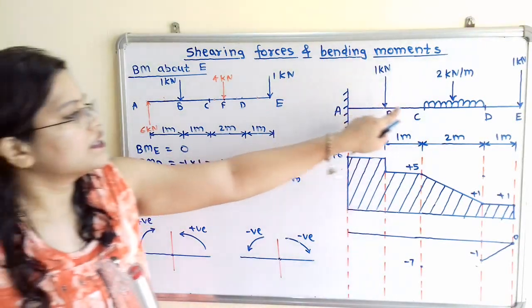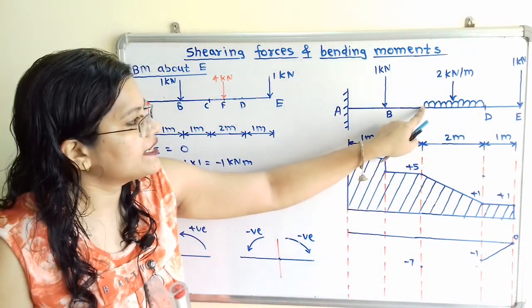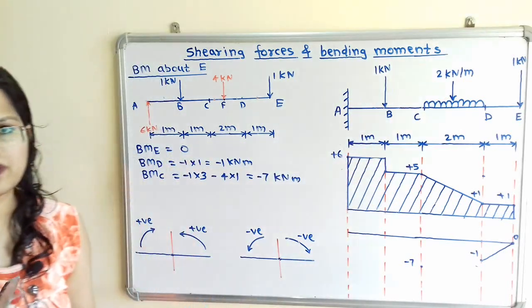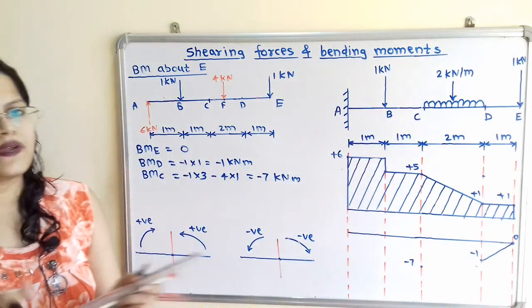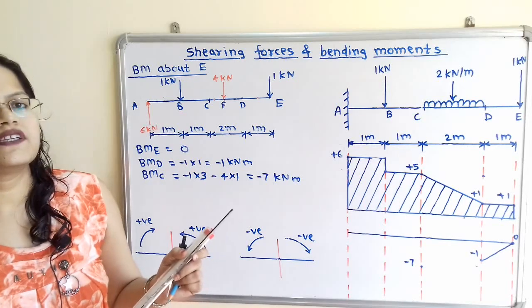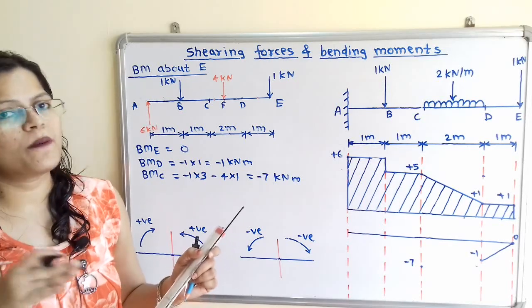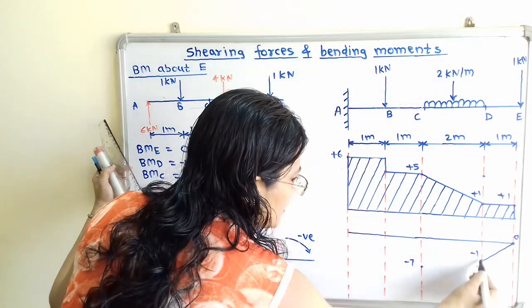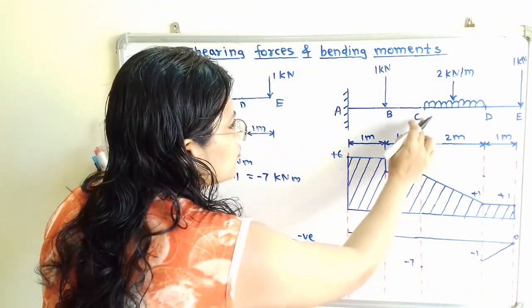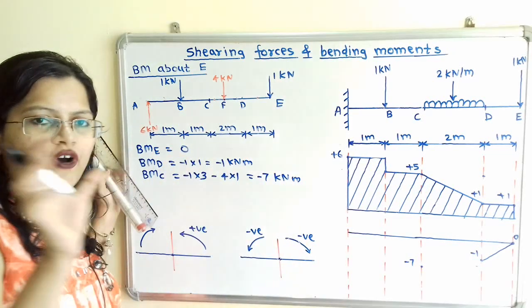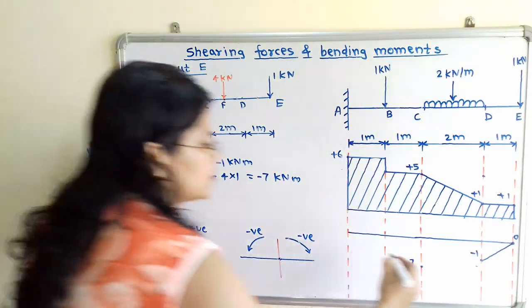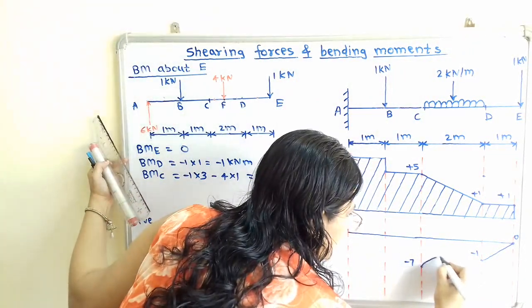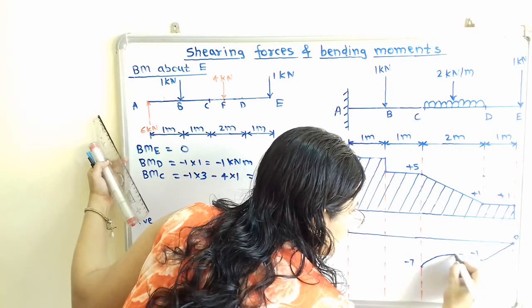This section CD is uniformly distributed load. For bending moment, whenever there is uniformly distributed load, it will follow parabolic law. That means we have to show the parabolic section in between these 2 points C and D for the span of uniformly distributed load. So I will show here a small curvature to join this.